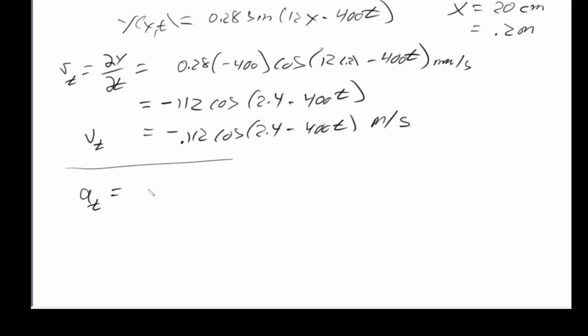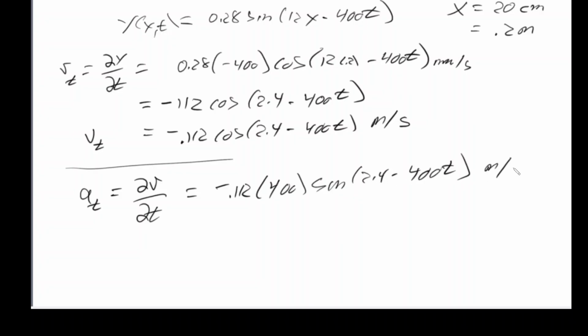Transverse acceleration is the derivative of the velocity with respect to t, which becomes minus 0.112 times 400 times the sine of 2.4 minus 400t in meters per second squared, which is equal to minus 44.8 times the sine of 2.4 minus 400t in meters per second squared.